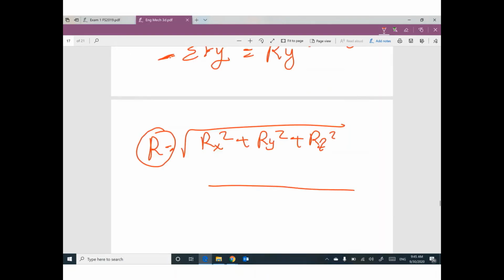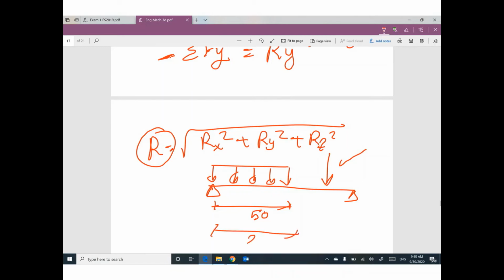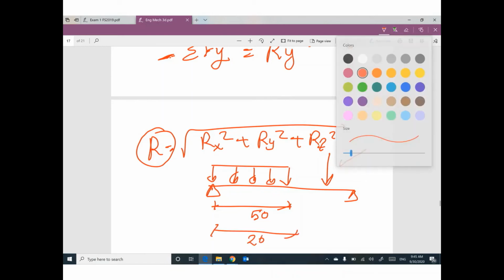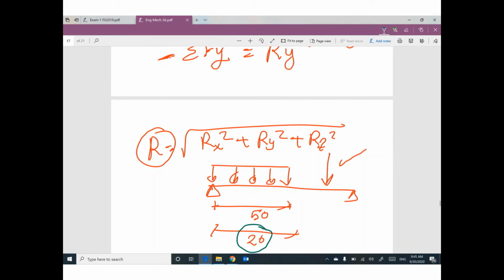This problem that I gave to you, do you remember your quiz on Monday? This problem is the same problem as in a textbook or solution manual, but I changed the number. This distance is 50. In the textbook, it was 20. Most of you are still using 20. I don't know how you get this 20.